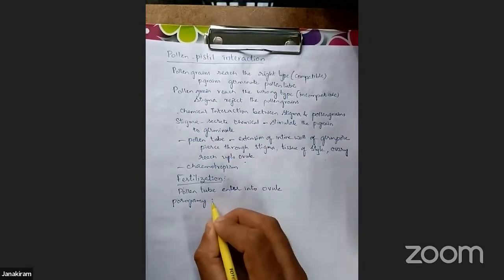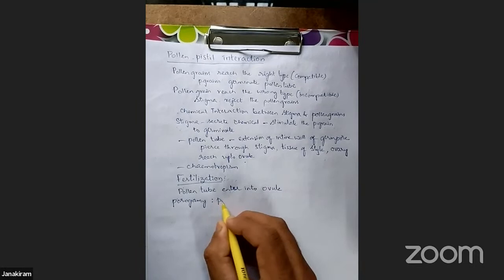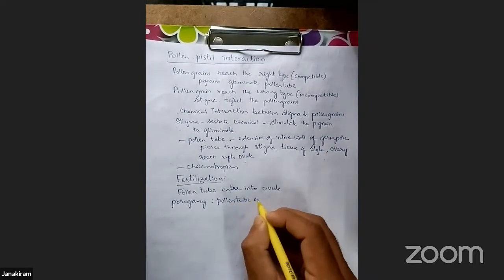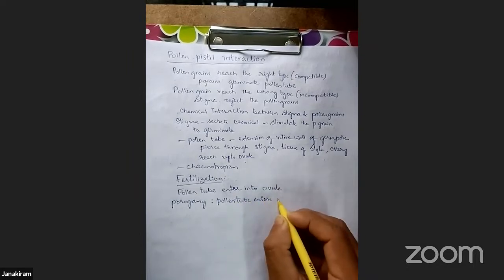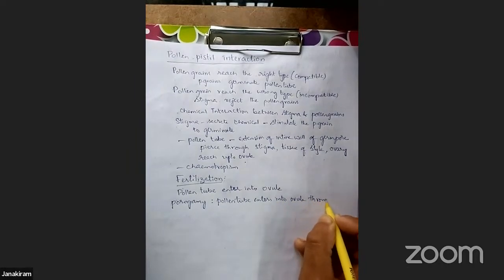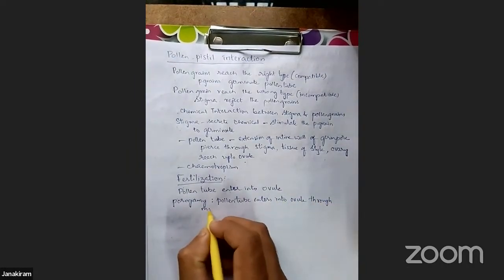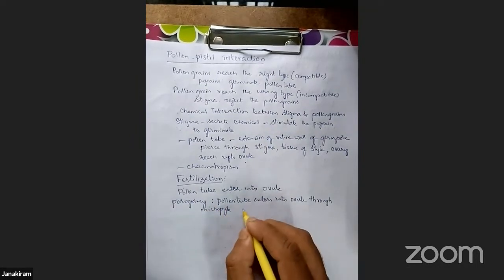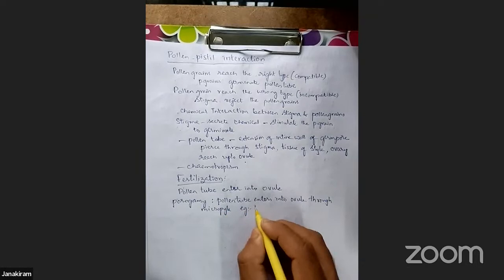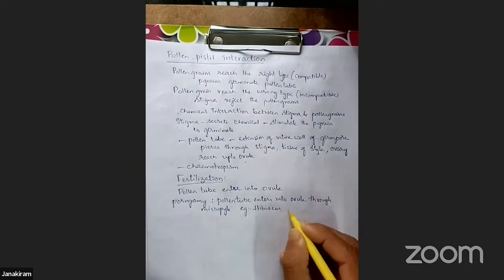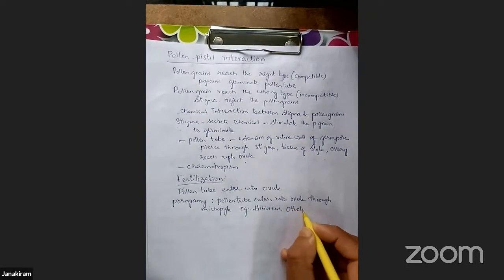Porogamy means the pollen tube enters the ovule through the micropyle, the pore. That is from the anterior side. This type of condition can be seen in examples like hibiscus and Ottelia plants.